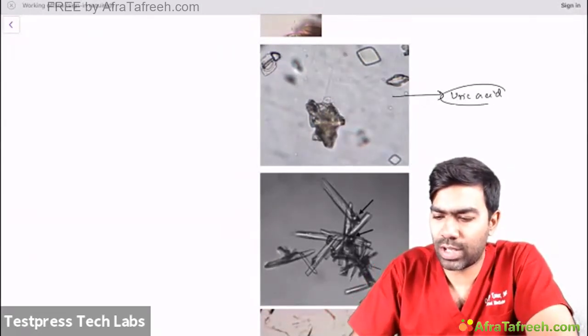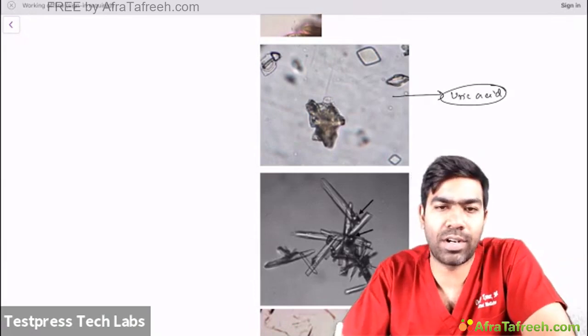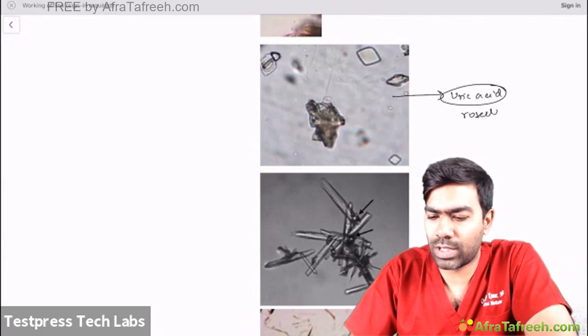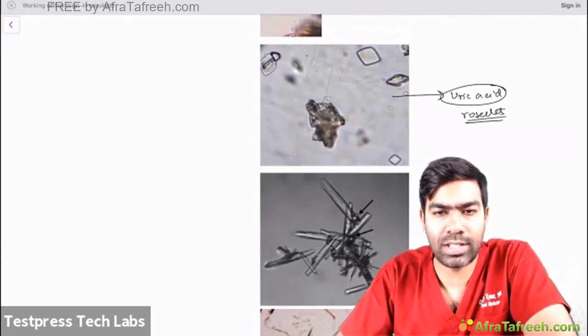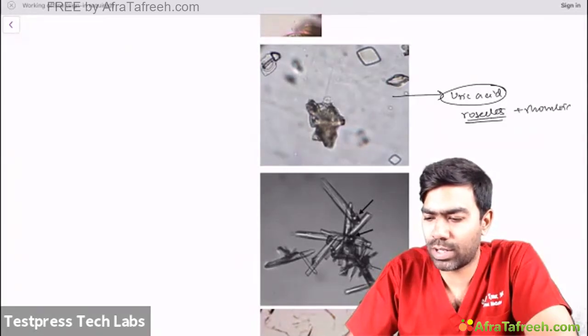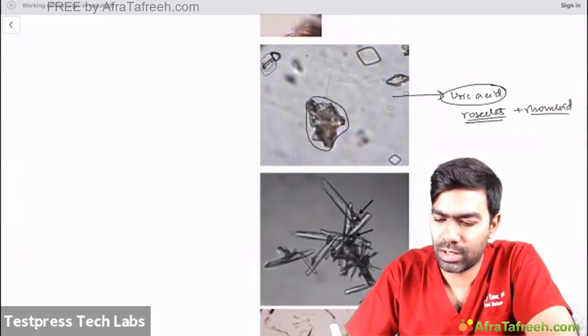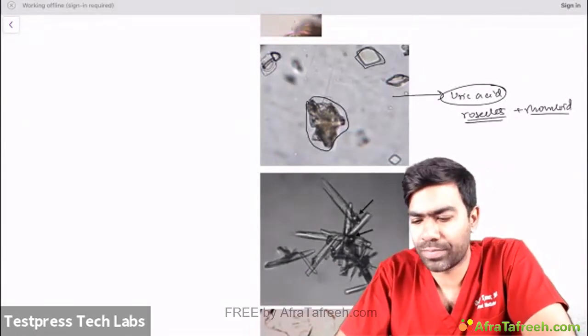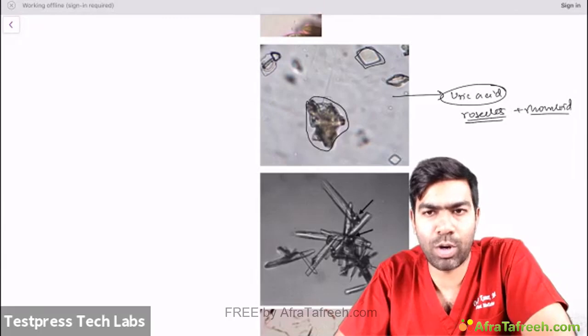That's why I told you uric acid is something that will be very different. Uric acid crystals will look as if there are rosettes, and plus they will be looking like a rhomboid shape also. This is an example of a rosette, and there is a rhomboid shape crystal as well. So this is a typical uric acid crystal. This is how it looks, rosette, rhomboid. So that's characteristic of a uric acid crystal.